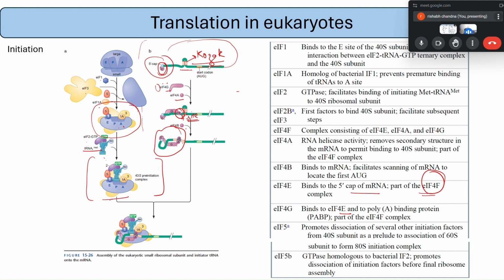So this is the protein complex that is formed before the mRNA is recognized by these particular proteins. Now these proteins recognize this complex on the mRNA and bind to the mRNA. Okay, so this leads to the formation of the initiation complex.